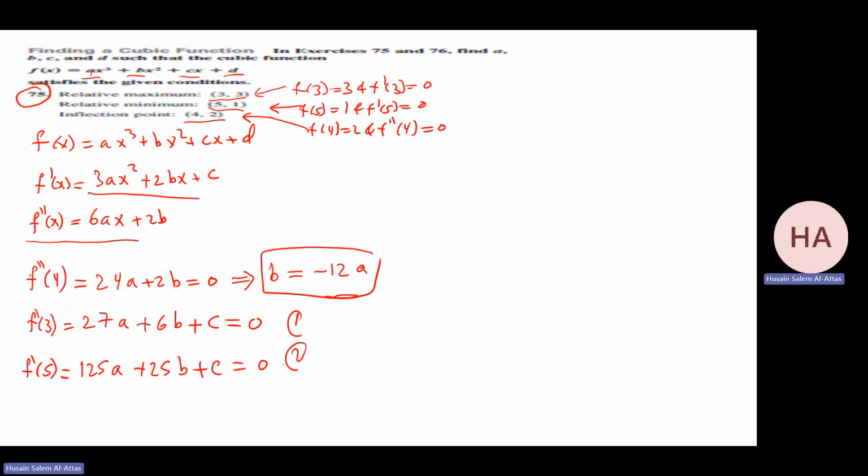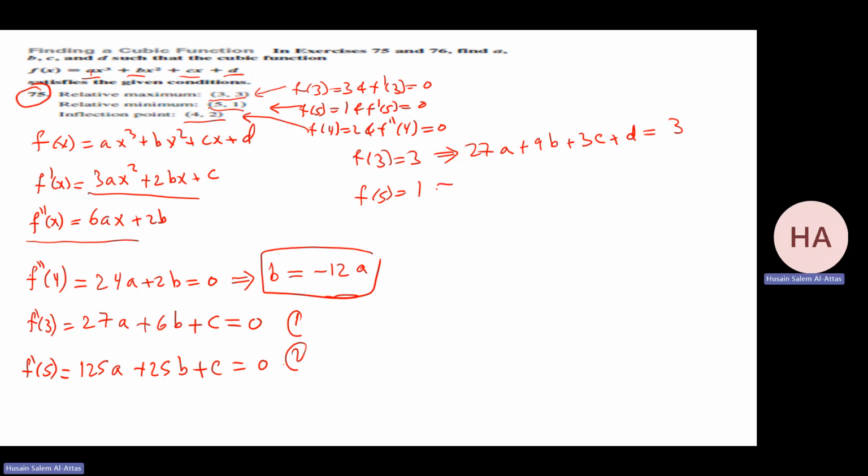Okay, let me do other things. F of 3 equals 3. Maybe this is better. That gives me 27a plus 9b plus 3c plus d equals 3, not 0. Okay. F of 5 equals 1.